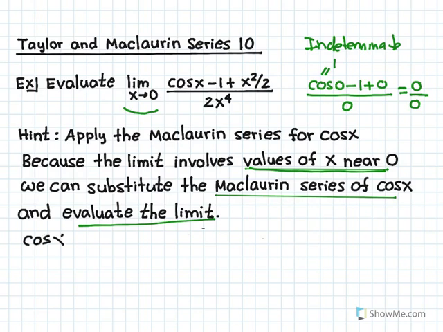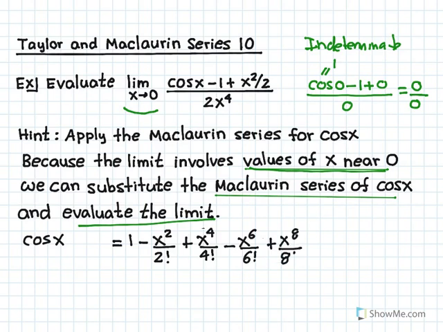Cosine x is equal to 1 minus x squared divided by 2 factorial plus x to the power of 4 divided by 4 factorial minus x to the power of 6 divided by 6 factorial plus x to the power of 8 divided by 8 factorial. This is the Maclaurin series for cosine x that we're going to plug into the numerator, and then we're going to evaluate the limit.